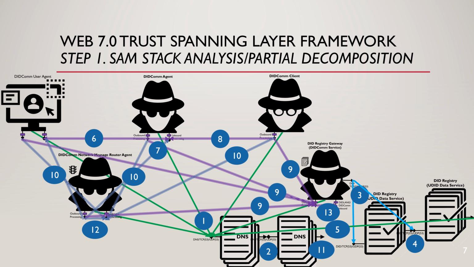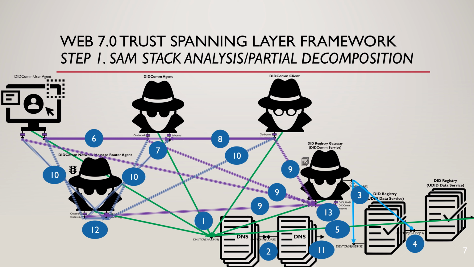And so we can see in black that there's 5 DIDComm agents or specializations of DIDComm agents. Close to the number 7, there's the standard or regular DIDComm agent. To the left, on the end of the line, arrow number 6, is the DIDComm user agent.